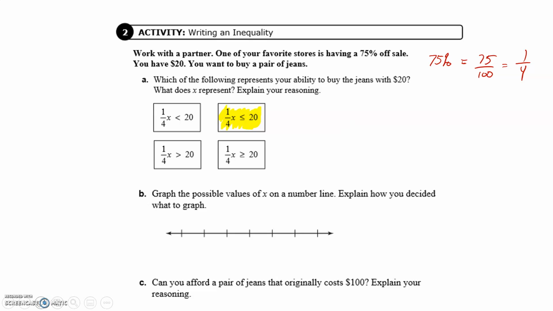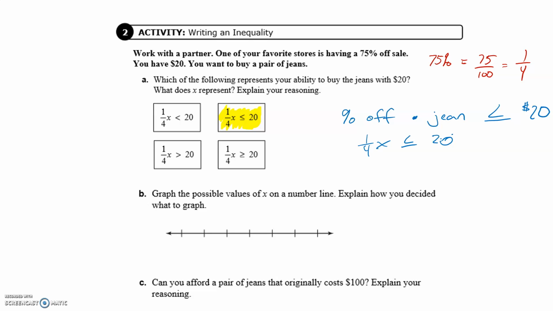So percent off times the jeans has got to be less than or equal to $20. Right? So 1/4, they just converted it to a fraction. So 75% would be 1/4. X, we use that for the jeans, is less than or equal to 20.